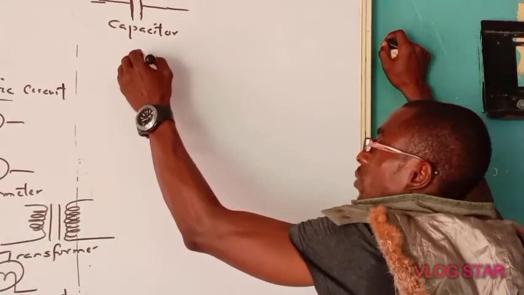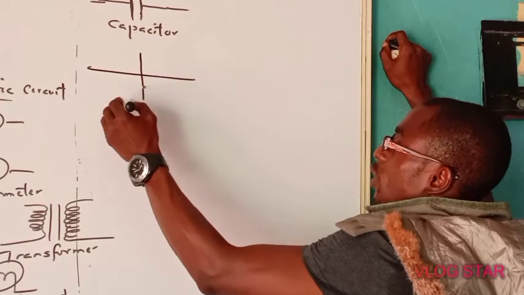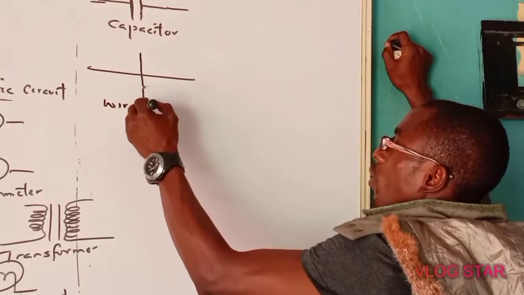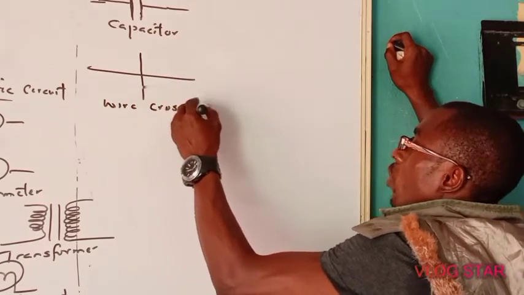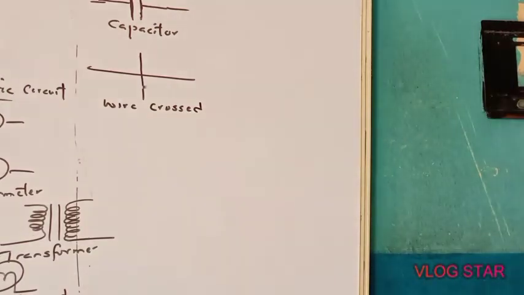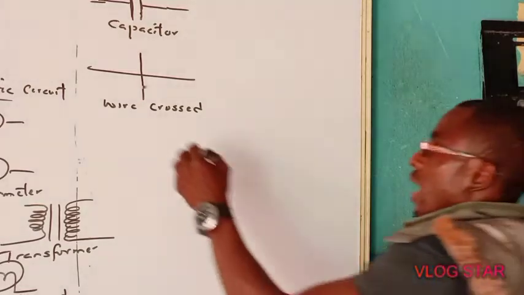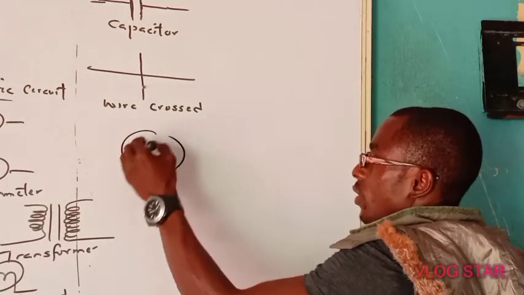Now, if I have something like this, this is wire crossed. And we have something like this.